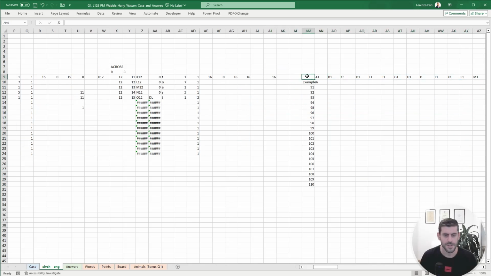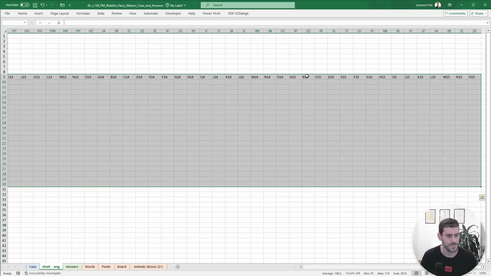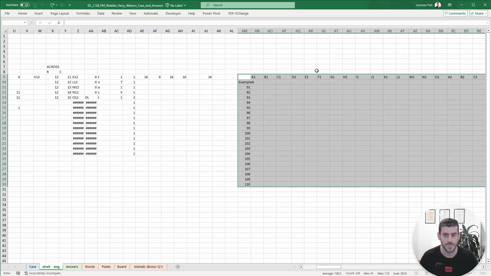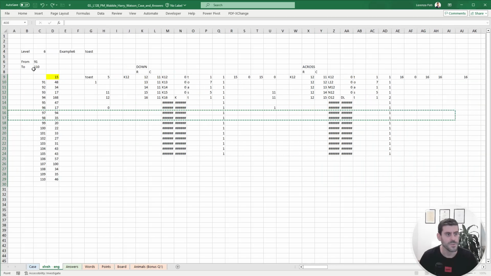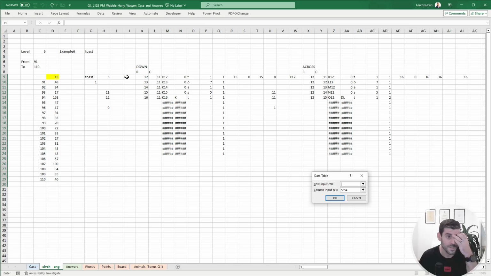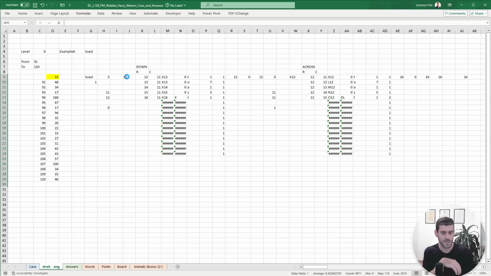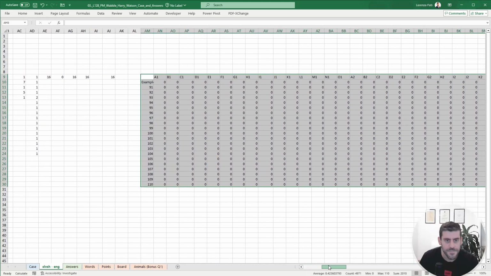I apply the data table. So column input cell is this, and row input cell is this. I saved during the competition before launching this calculation.